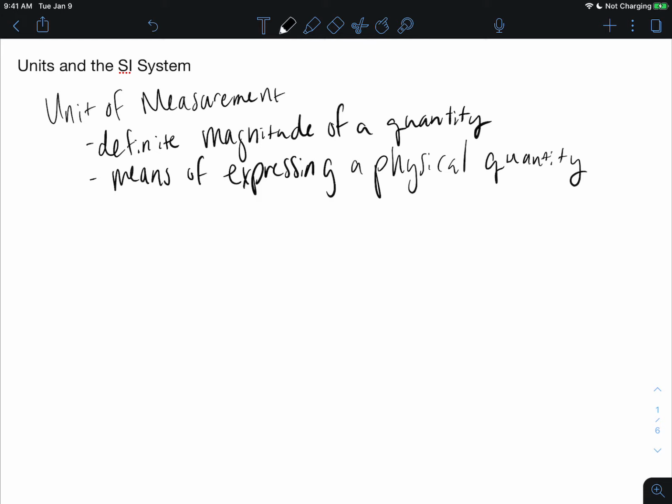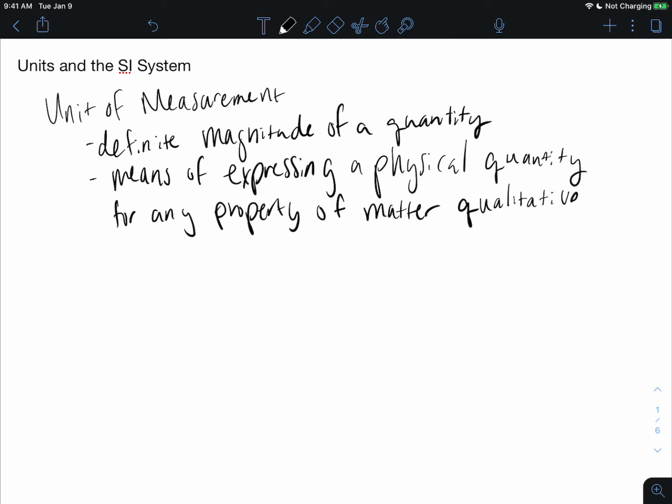Any property of matter that is quantitative will have a unit. So quantitative, associated with numbers. All measurements that are quantitative have units.